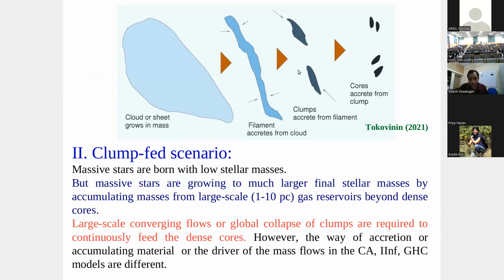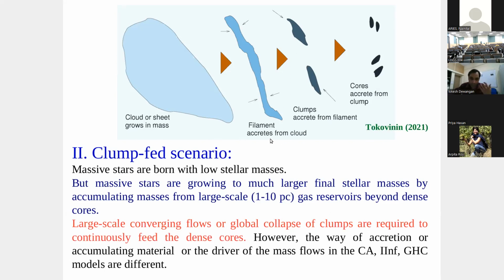The main assumption of this scenario is that massive stars are born with low stellar masses. These low stellar masses gain mass from their large scale environment down to the core scale. This is one of the important points of the clump fed scenario.